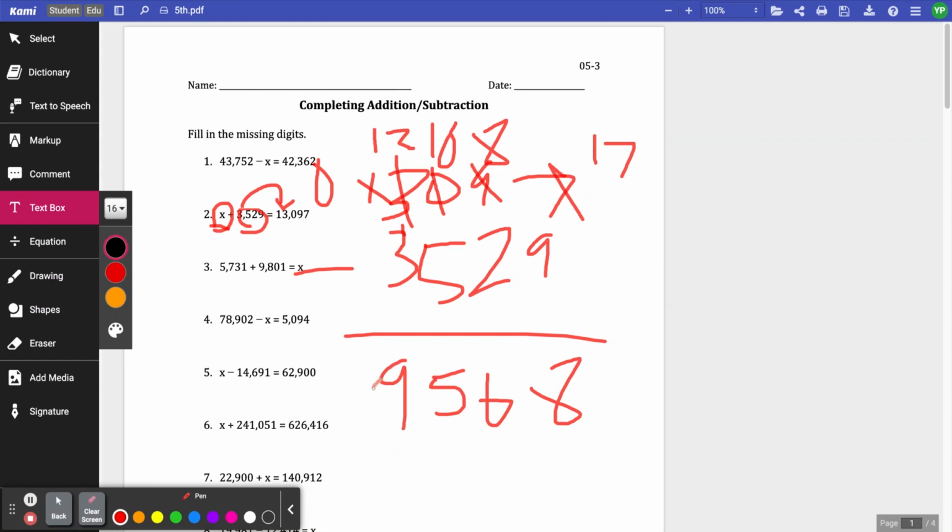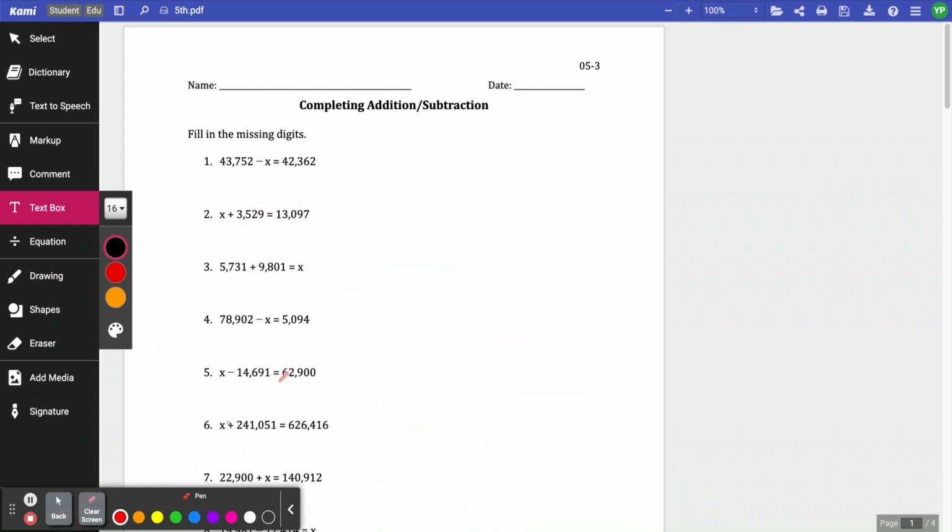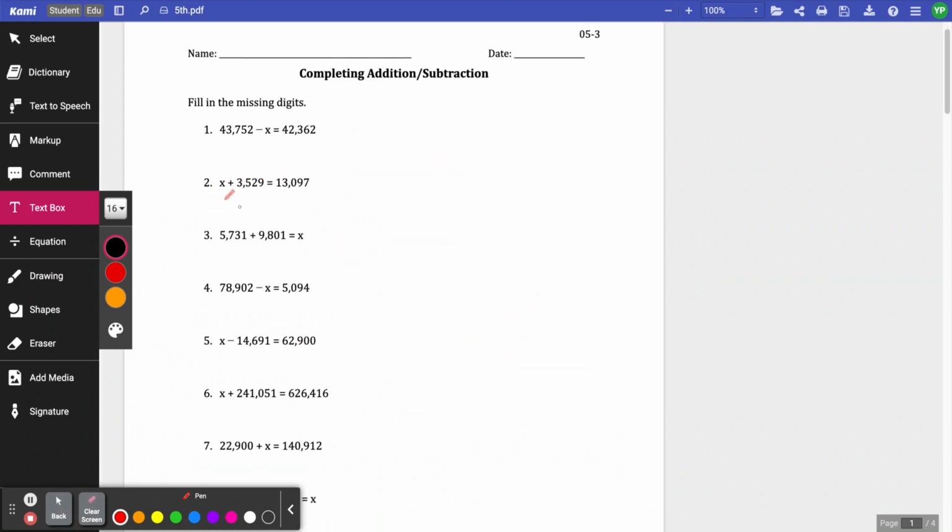So you plug this into x, and you get 9,568 plus 3,529 equals 13,097. And finally, the last type of problem we have is number 3, where it's going to be medium plus medium equals x, which is the last number.